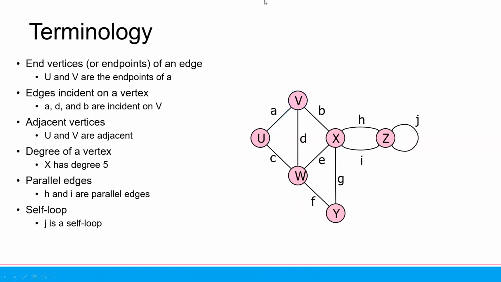We can also have another definition, the degree of a vertex. X has degree of 5 because we have 1, 2, 3, 4, and 5. So what is the degree of vertex U? Here, 1 and 2. Okay.